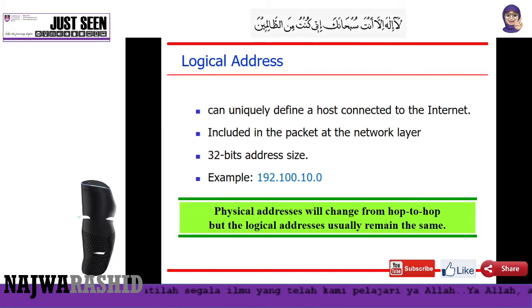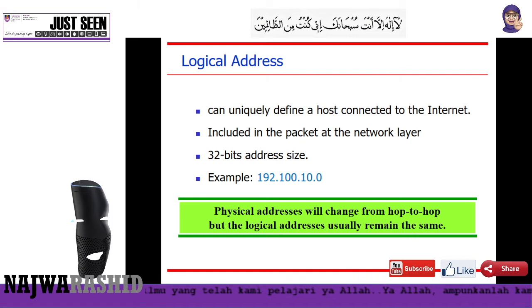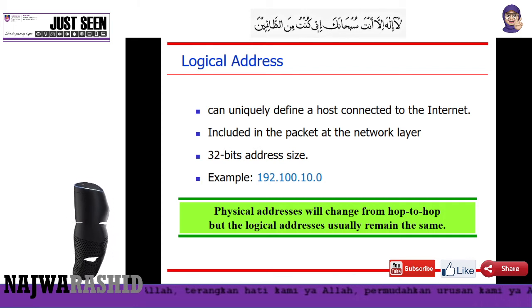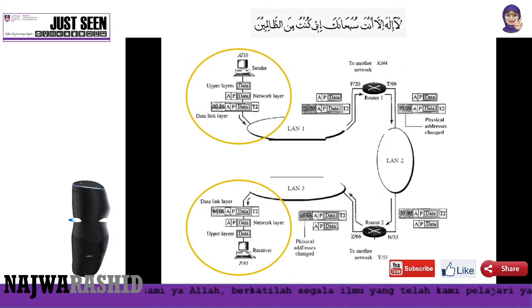During the communication, the physical addresses will change from hop to hop, but the logical address usually remains the same. That's why we need the logical address in order to send and receive messages or packets through the internet or network.